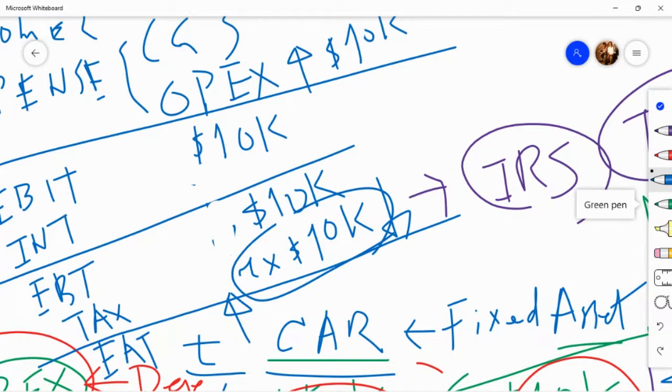That means your EBIT will go down by 10K, EBT goes down by 10K, and your tax goes down by the tax rate times 10K. So your EAT goes up by that much, right? So this is a legitimate way of saving on taxes, year 2 through year 5. Okay, does that make sense?